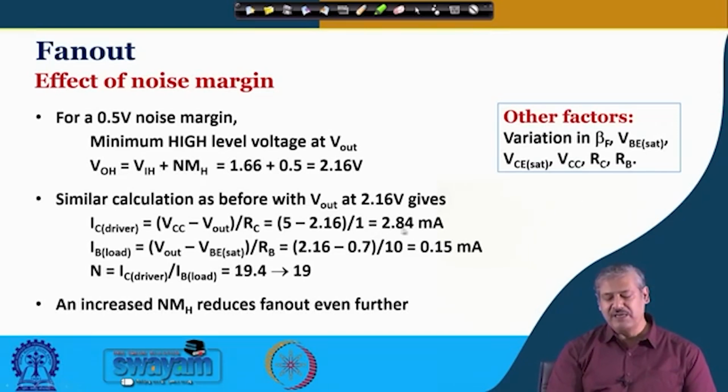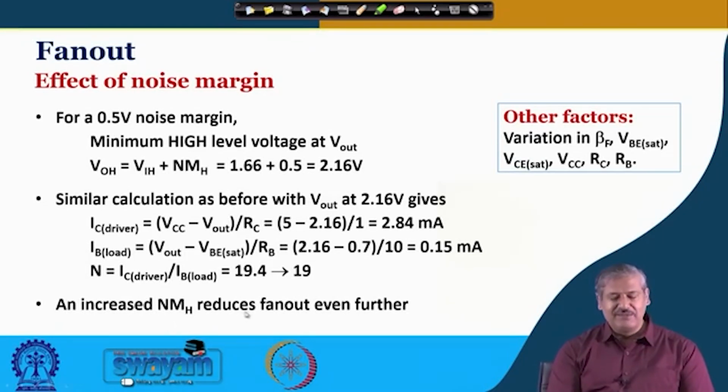That makes it 2.84 milliampere. At that time, what will be the load current for each of the gates? IB load is 2.16 minus 0.7 divided by the base resistance, about 0.15 milliampere, and if you just do the division, the number comes down to 19. From 34 it has come down to 19, a drastic fall, isn't it?